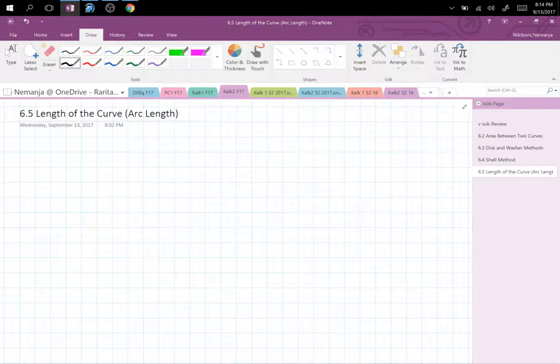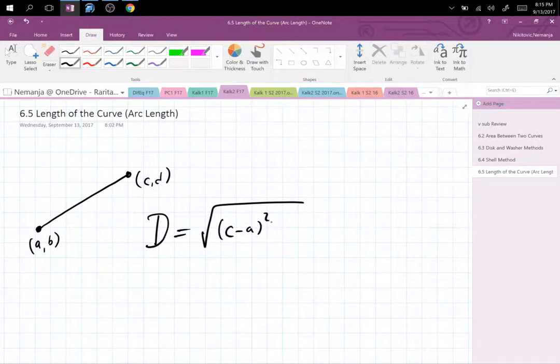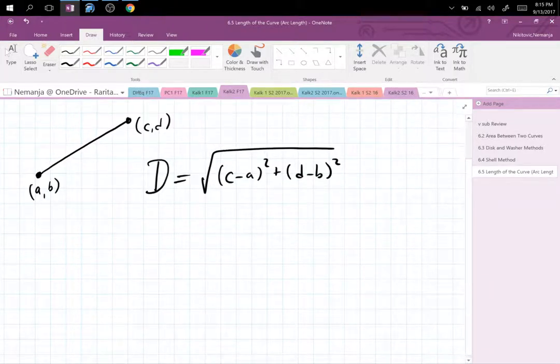if we see a straight line that stretches from point A, B to C, D, you can easily use the distance formula, square root of C minus A squared plus D minus B squared, and that will give you a number which is the distance.